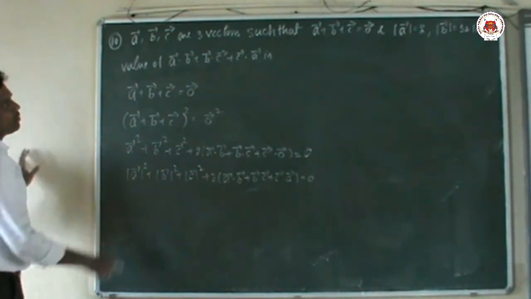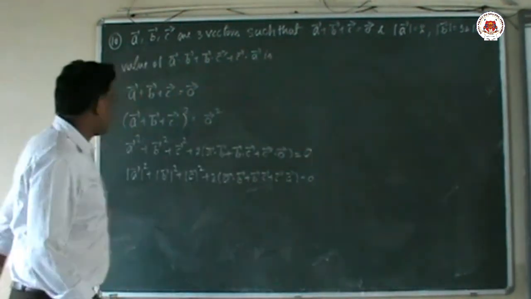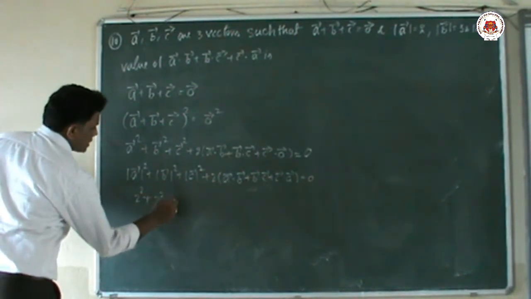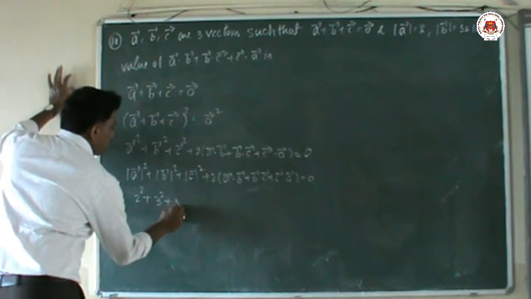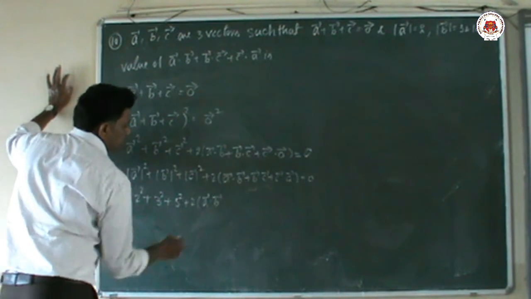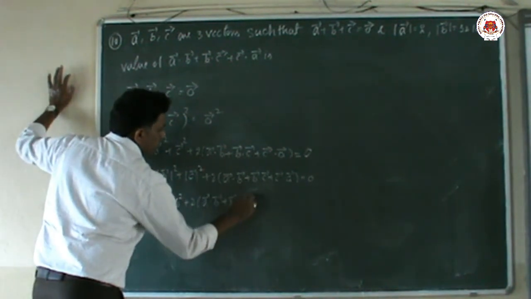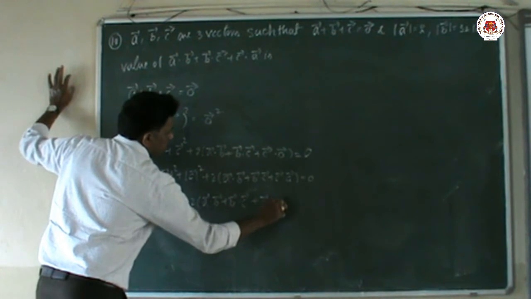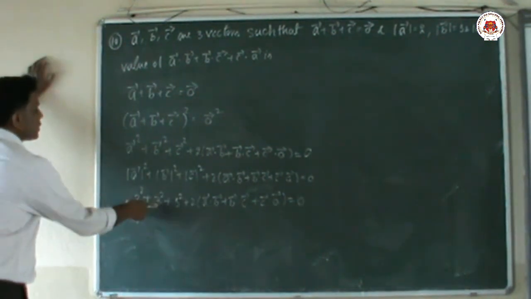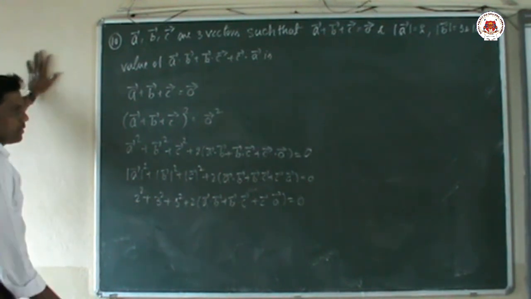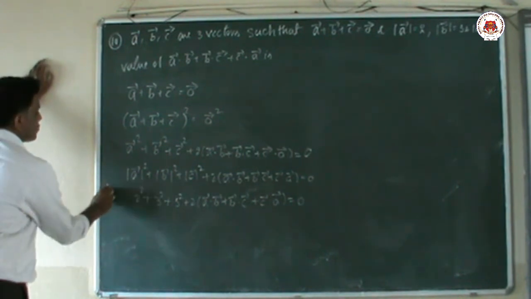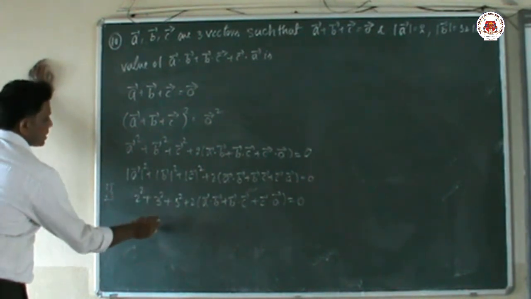The mod A value we already know is 2, so we write 2 square; mod B value is 3, so 3 square; mod C value is 5, so 5 square; plus 2 into vector A dot B vector, we don't know these values, so as it is, B vector dot C vector plus C vector dot A vector is equal to 0. 2 square means 4, 3 square means 9, 5 square means 25. 9 plus 4 is 13, 13 plus 25 is 38.